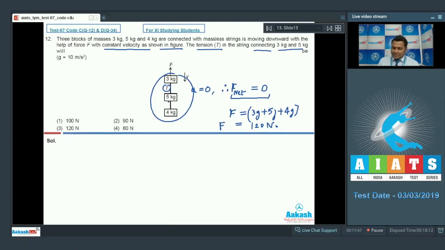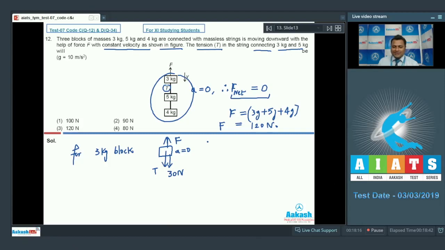Now let's draw the free body diagram for the 3 kg block. For the 3 kg block, the forces acting on it are tension T downward, its weight 30 Newton downward, and an applied force F upward. And since it is moving with constant speed, its acceleration will be 0.